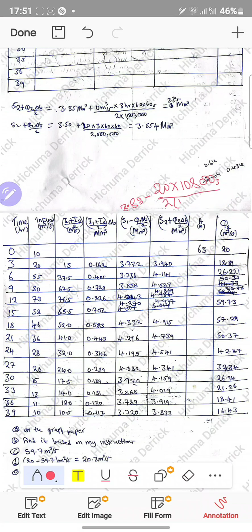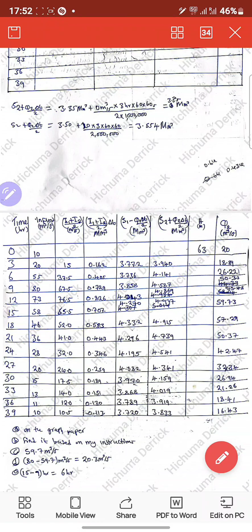Then you also want to convert this into million. So when you punch this number into your calculator, you have this value here. Now let me just remove this.